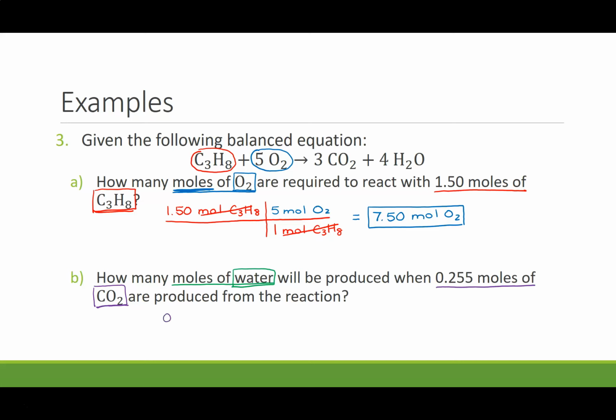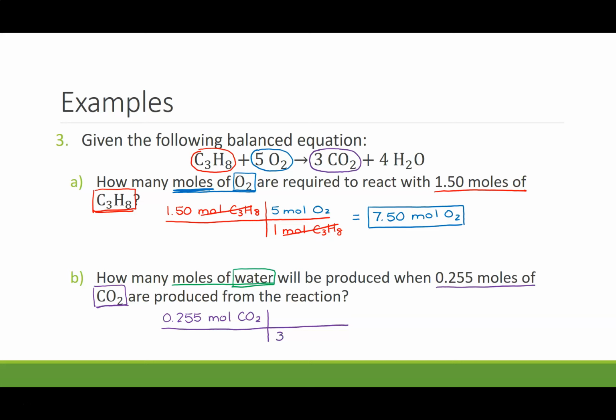The fourth step is to convert the moles of the given to moles of the answer using the mole ratio. So the moles of the given is 0.255 moles of CO2. And now we're going to look at the coefficient in the balanced equation. The coefficient for CO2 is 3.